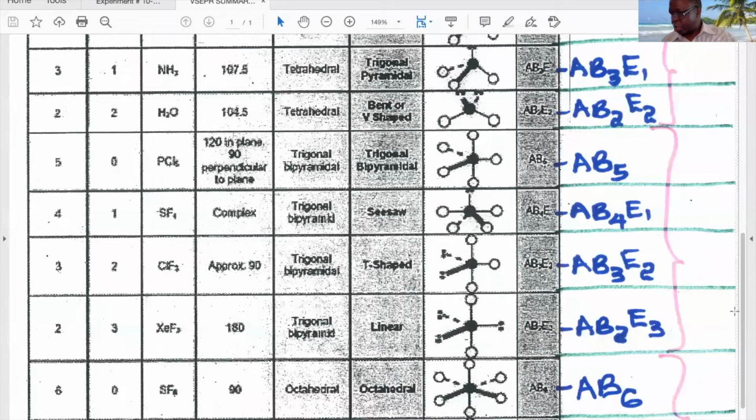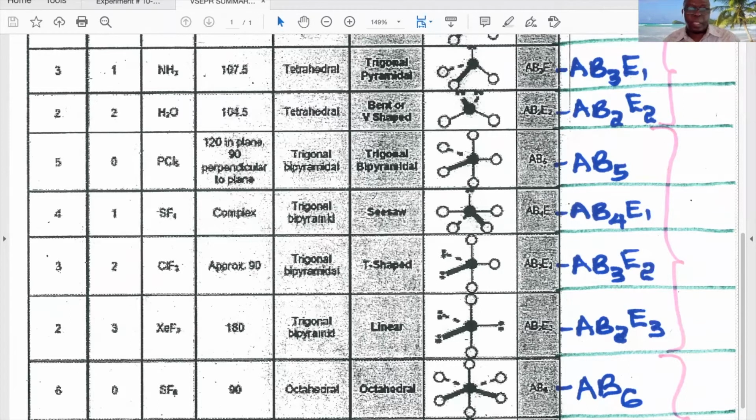This is 2 right here, not 4 pairs, it's 2. So it is this AX2E2, which is where I'm getting this configuration. You see, these are the 2 lone pairs, and the molecular geometry is bent shape or V shape.